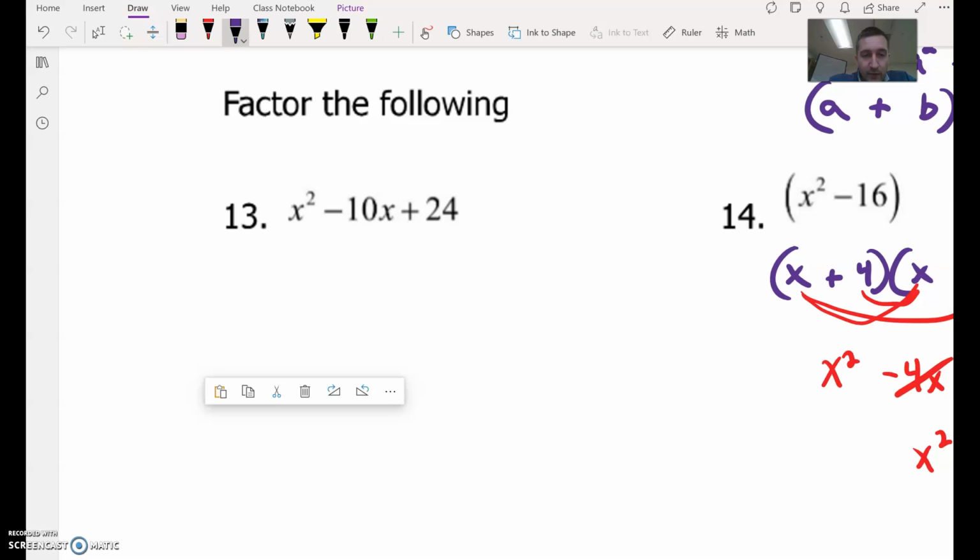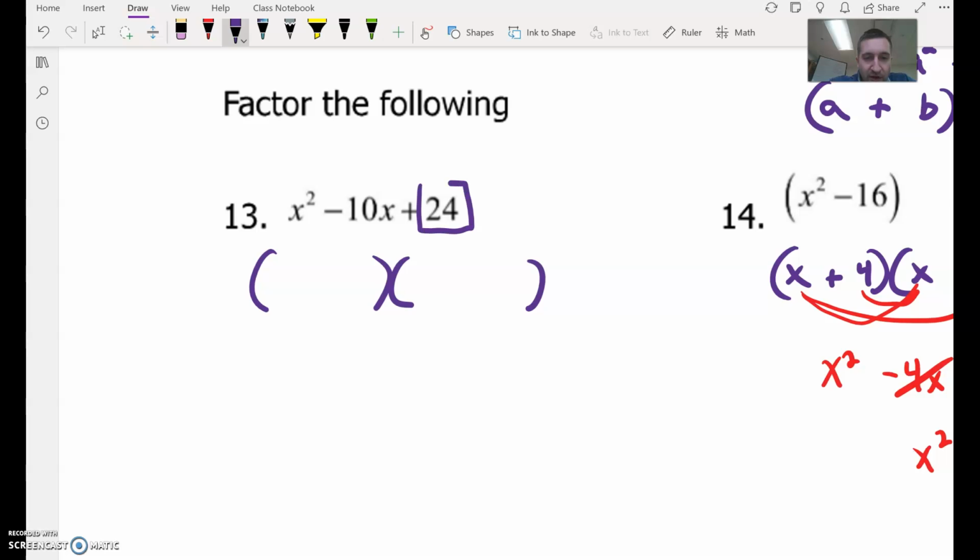So remember, this is the one where I automatically set it up with my parentheses, and it's what factors of 24 can help me get to a negative 10. So my factors of 24 are 1 and 24, 2 and 12, 3 and 8, or 6 and 4.